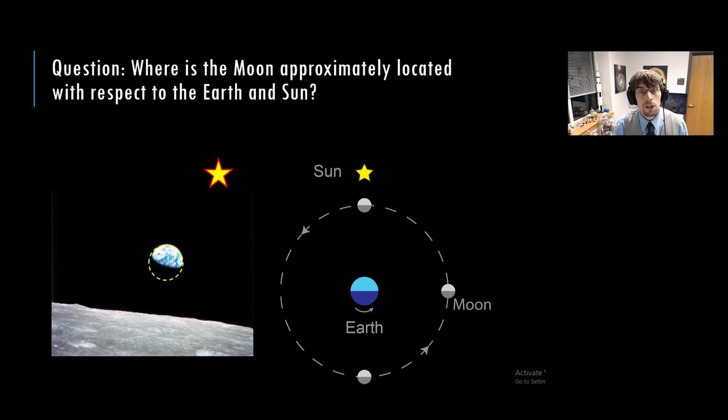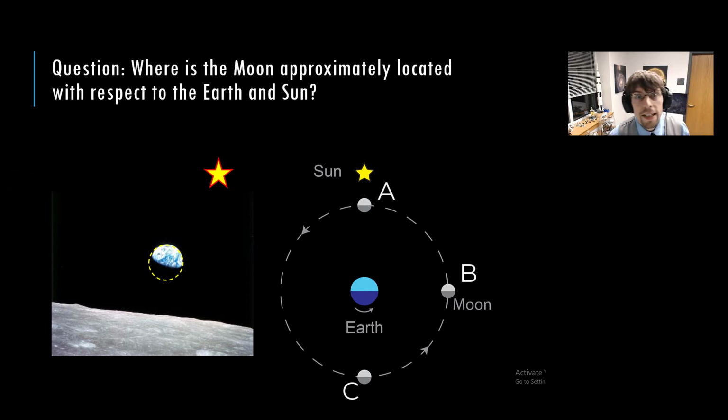Okay? Question for you. Okay? This image of Earthrise that we have on the left, okay, for which position of the moon, A, B, or C, corresponds to this Earthrise image? Okay?